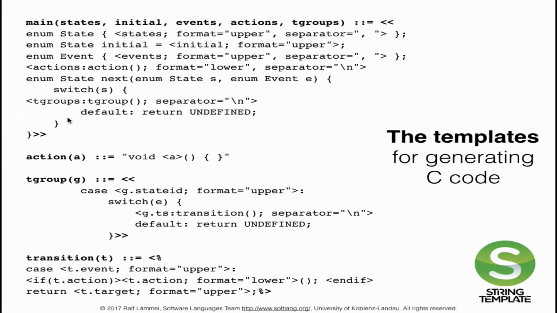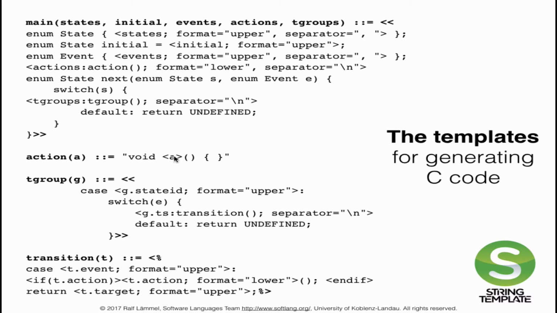And here we have the big switch case, and we invoke the template t group on the parameter t groups to generate all the blocks of code for the various possible source states.